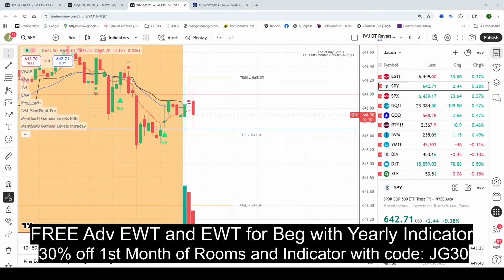Just so everybody's aware, in my room on Monday morning, an hour before the open, we have a live call. Every day, Monday through Friday, we have a 1 Eastern live call. And then every day, Monday through Thursday, 5 minutes before the bell, we have a closing call where we go through the charts, make sure everybody's on the same page, and has the information they need.